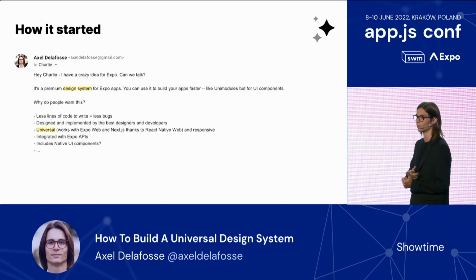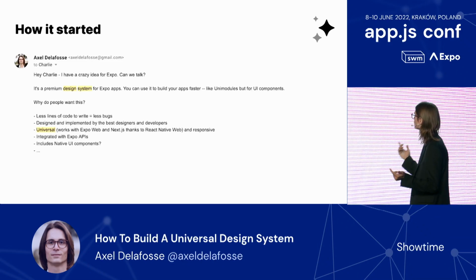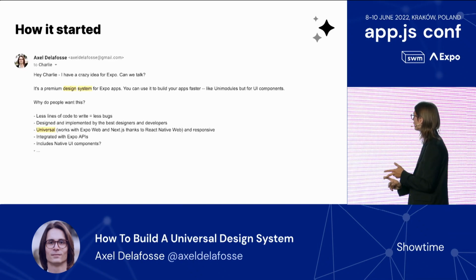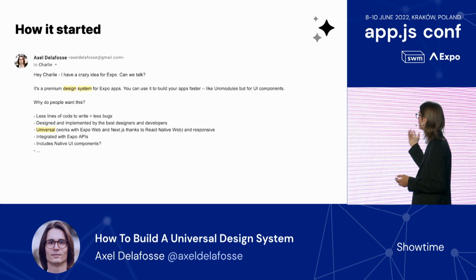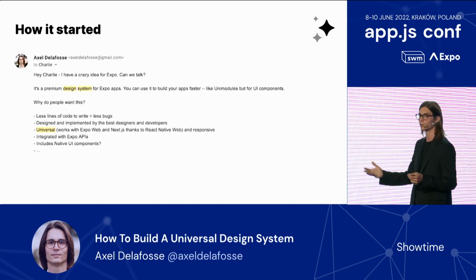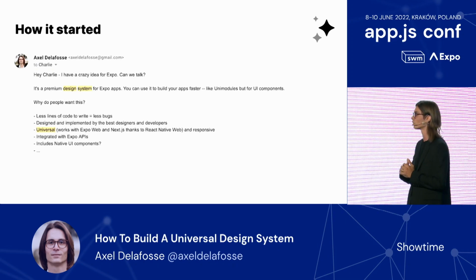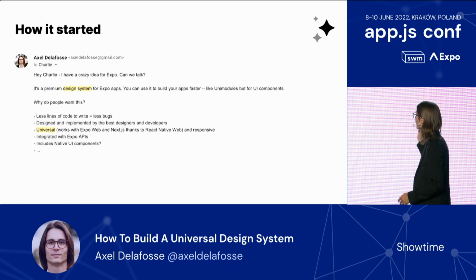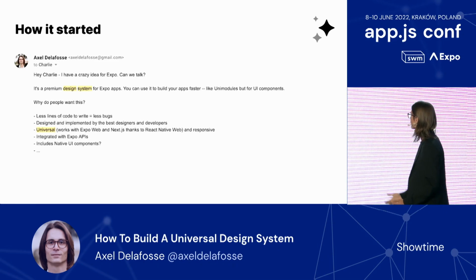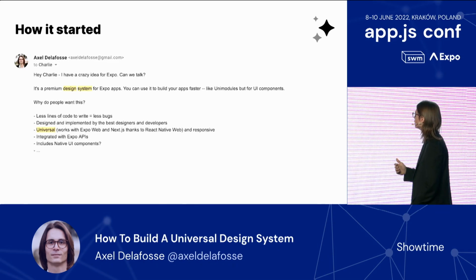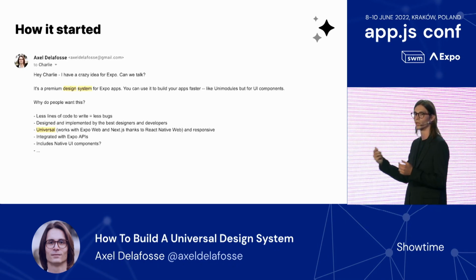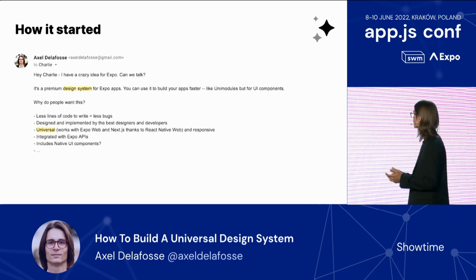Because you have less lines of code to write, so fewer bugs. Designed and implemented by the best. Universal, so it works with Expo Web and Next.js thanks to React Native Web. And responsive, because of course, multiple platforms, but also multiple screen sizes. Integrated with Expo APIs, because you want to use the Expo modules, of course, and also including native UI components, like if you want a drop-down menu or a context menu on iOS, for example.